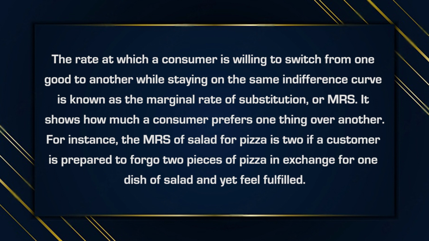For instance, the MRS of salad for pizza is 2 if a customer is prepared to forego 2 pieces of pizza in exchange for 1 dish of salad and yet feel fulfilled.